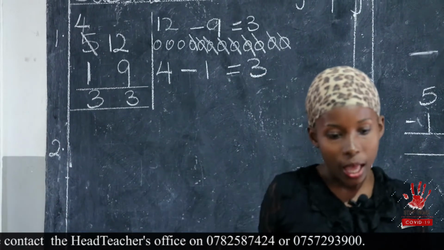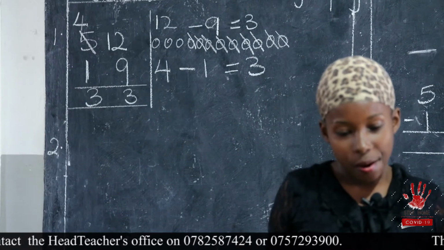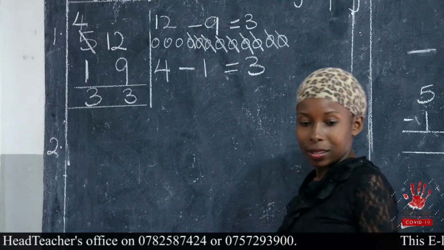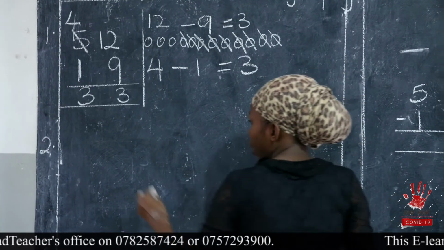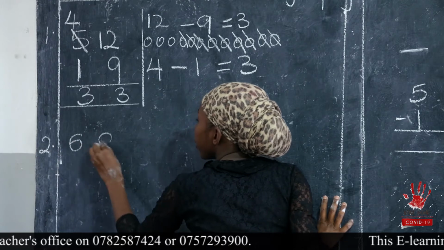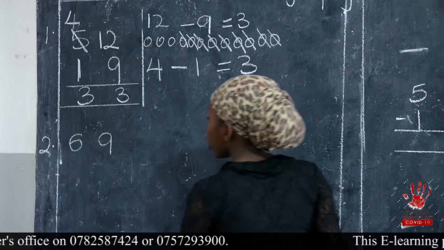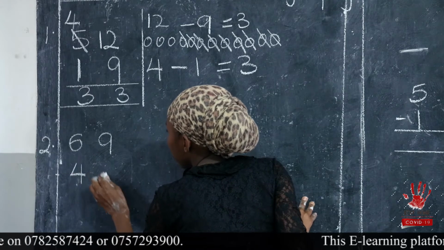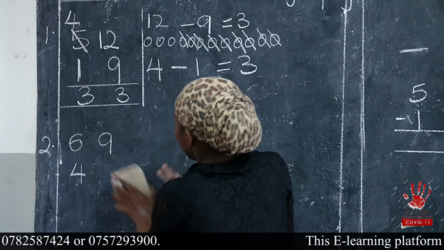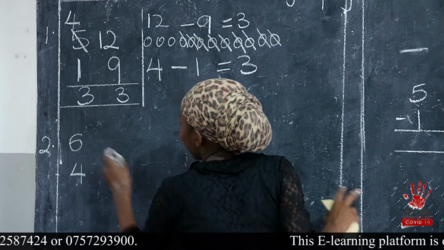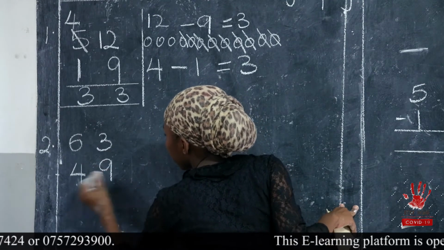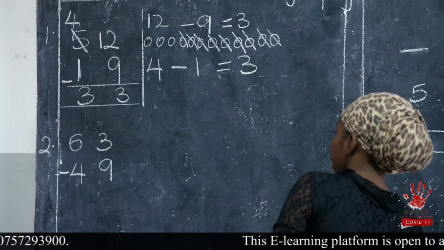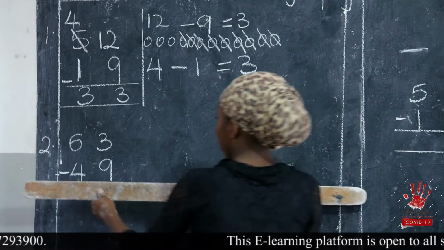Another example is here. I have 63, take away 49.